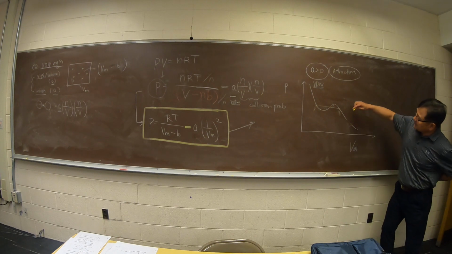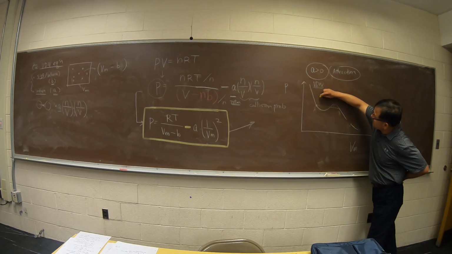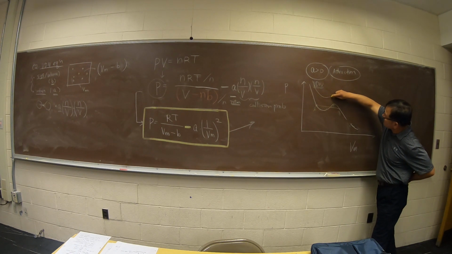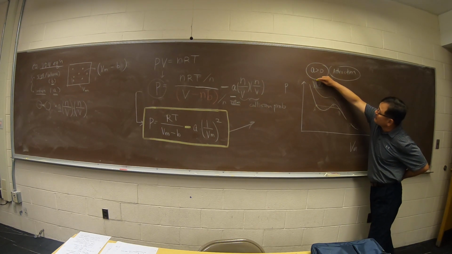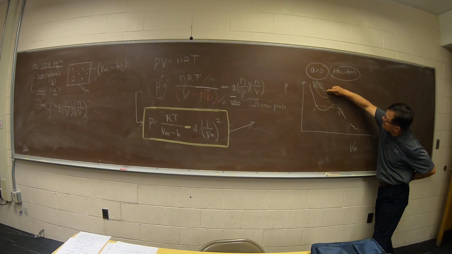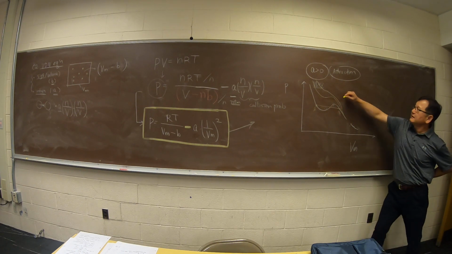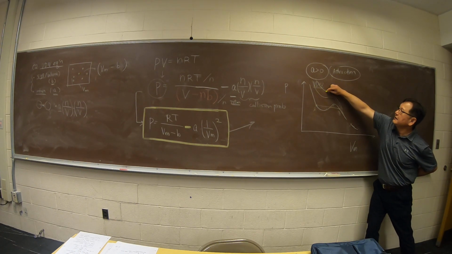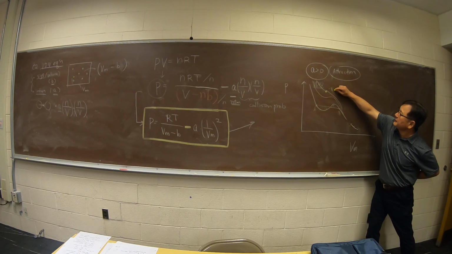And now you start to see this. You guys remember, okay, so when I have a higher temperature, I will have something that looks like that. And eventually I will have something that looks like this. Critical temperature, right? This is the critical temperature.